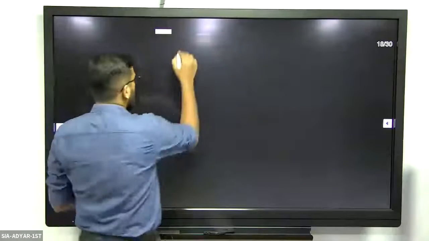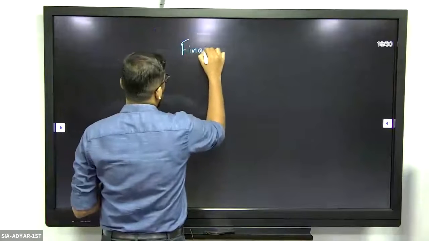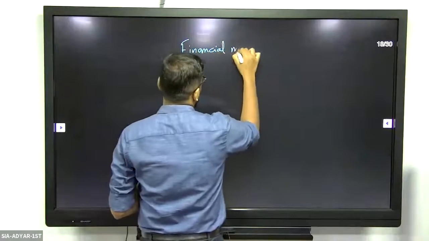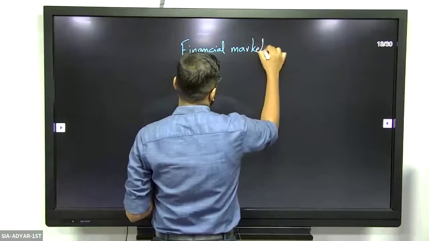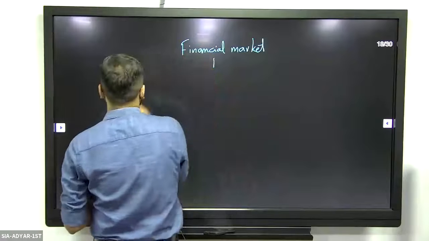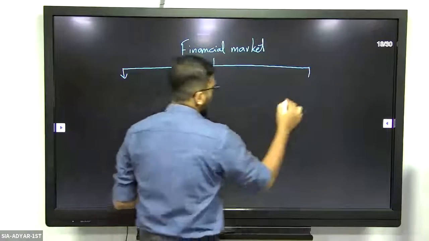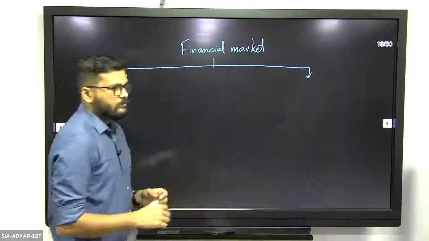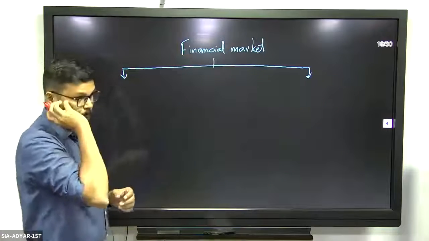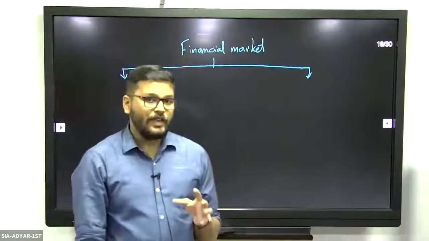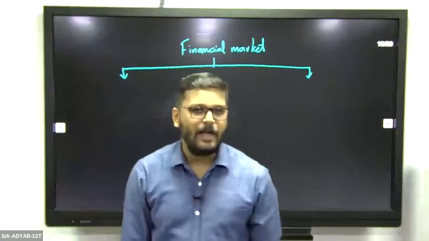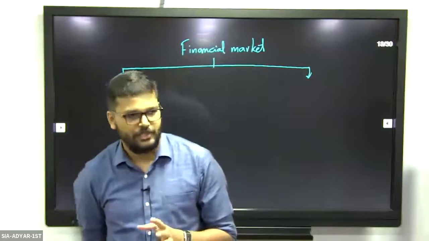Okay, so financial market can itself be divided into first two types. The classification here is the same as the classification that we saw in budget.